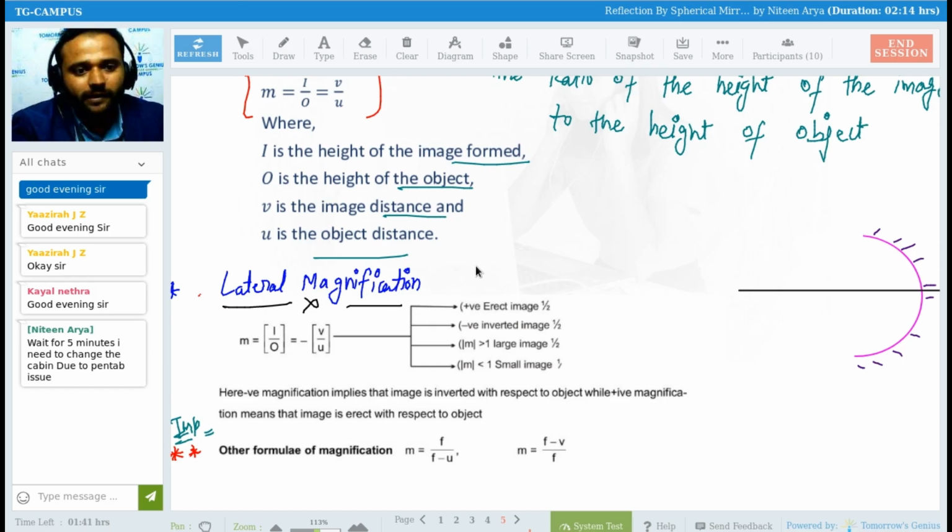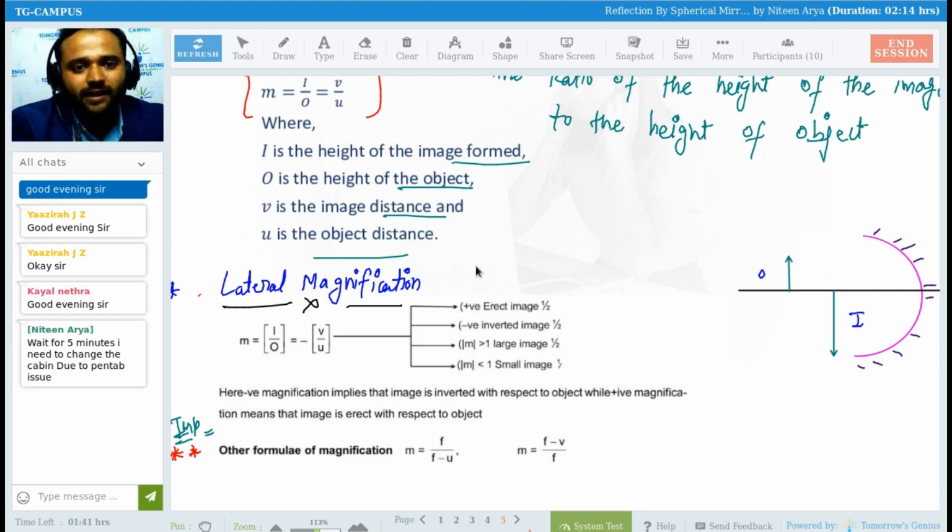And what is the meaning of lateral magnification? Simple, as I already explained to you. If this is the height of an object and that is the height of the image, as you can see clearly, that is I and that is O, and they are pinpoint. Pinpoint means simply standing.